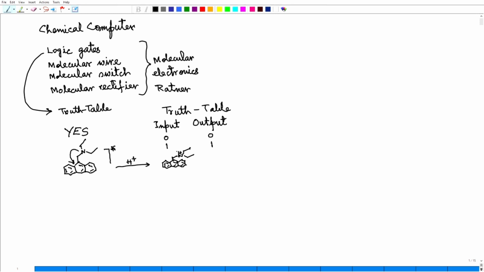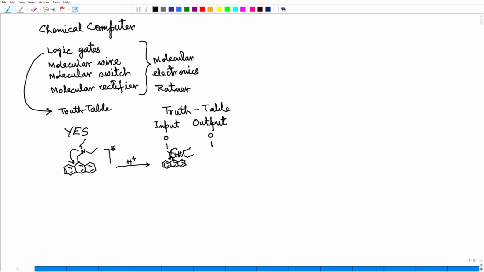So, N is positively charged now. Therefore, when I excite it, because it is a quaternary ammonium nitrogen, there is no lone pair. So, PET is completely blocked, and when I excite it, I will see high fluorescence.